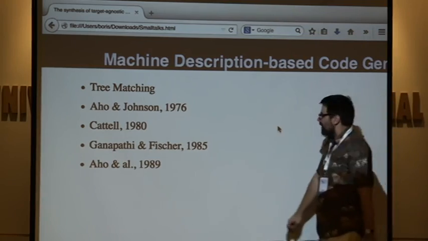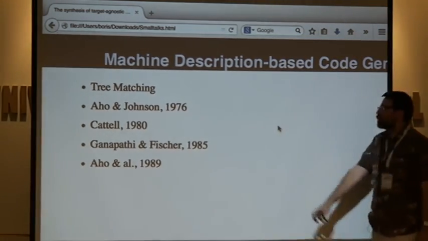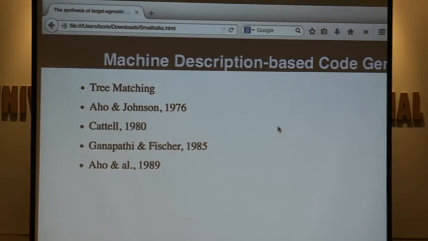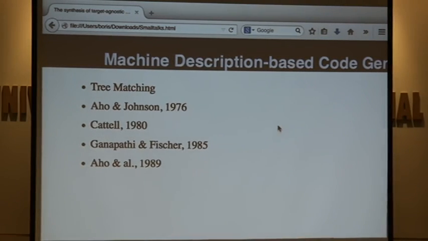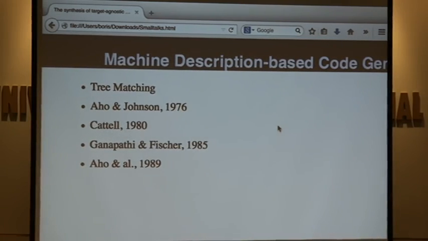So these guys in 76 wrote a paper saying that if your machine has certain particular properties, such as a uniform register file, an orthogonal instruction set with respect to all addressing modes available equally for all registers and for all different instructions and so on.